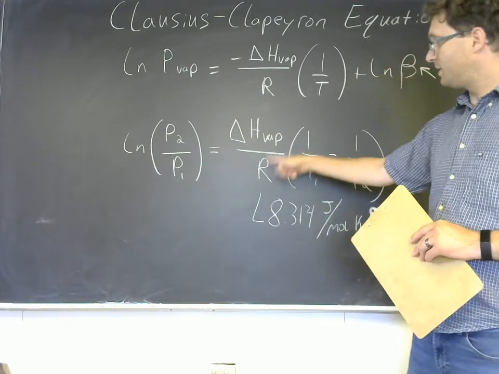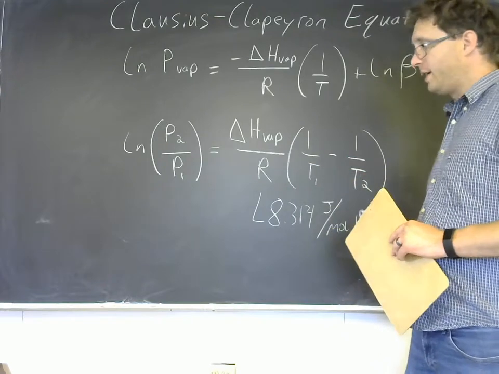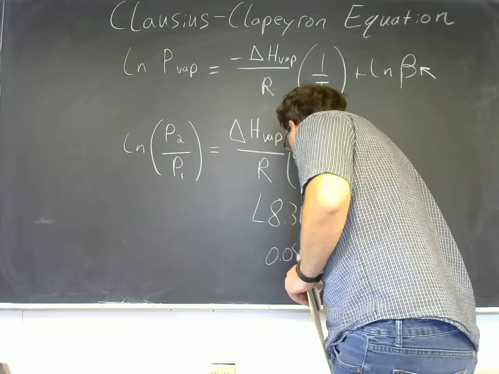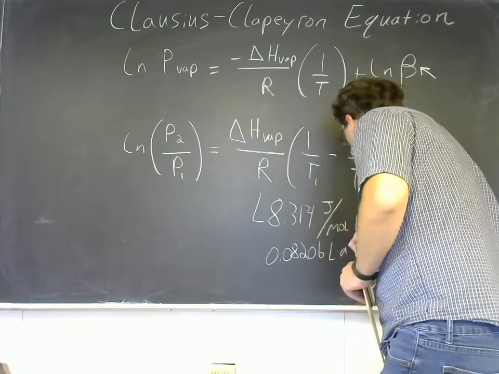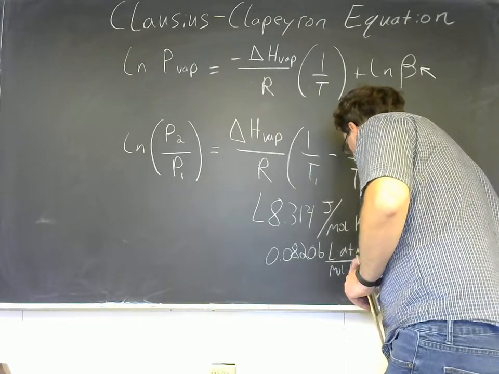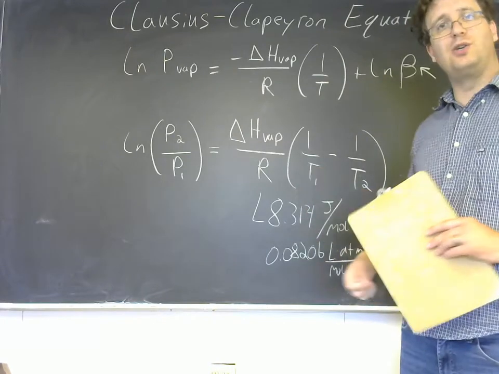Now this is the same R gas constant that you've used before, that sometimes has a value of 0.08206 liters atmospheres per mole Kelvin. Right? And these represent the same quantity, it's just a unit conversion.